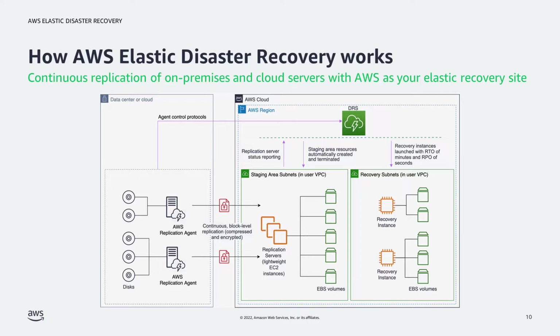So for example, if we have 3 servers and each server has, let's say, 5 volumes, that's a total of 15 volumes, and you will only need to spin up one T3 small replication server. Now, I forgot to mention, in this staging area, these replication servers are all controlled by DRS. You don't have to manually spin these up. In the control plane, DRS will manage these replication servers. We will spin them down or spin them up whenever it needs to be.